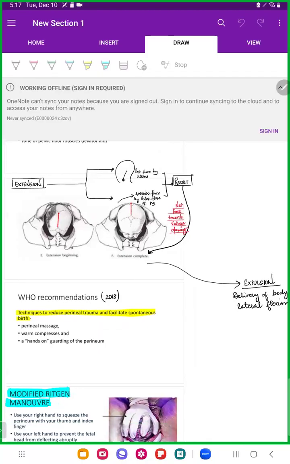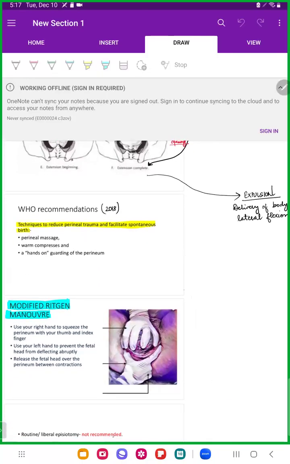Okay. WHO has also given a recommendation on how we should deliver the baby's head so that the chances of perineal trauma are reduced. We should give a perineal massage, warm compresses, and hands-on guarding of the perineum. This technique is known as the modified Ritgen maneuver.